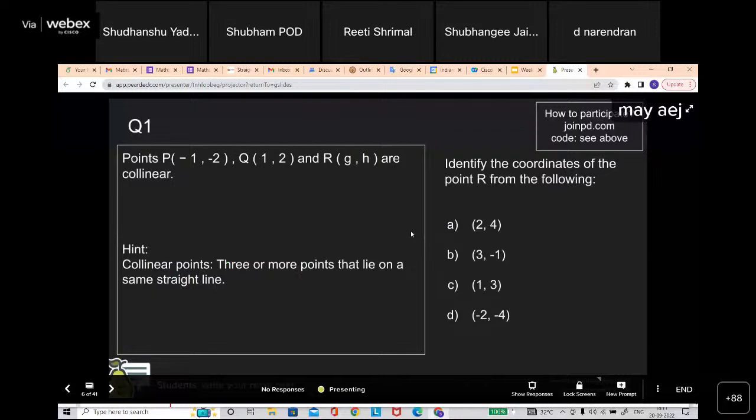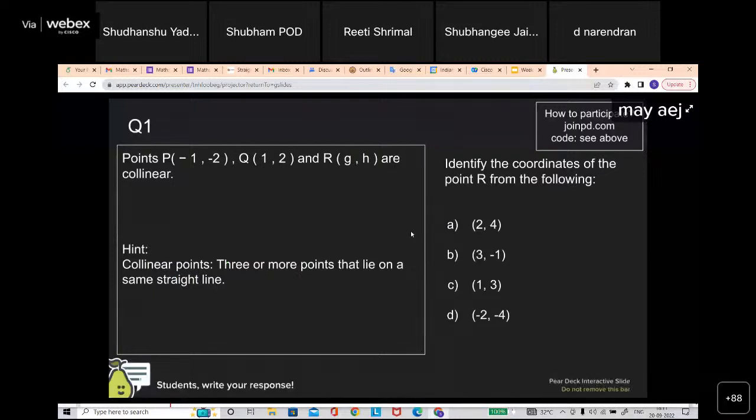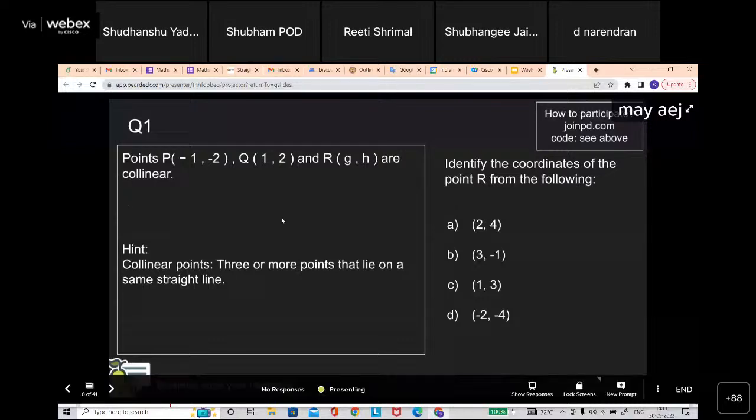Okay. So this is the first question. The information is given here. Points P, Q, and R, the coordinates of each point are given, and they are collinear. The question is: identify the coordinate of the point R from the following.